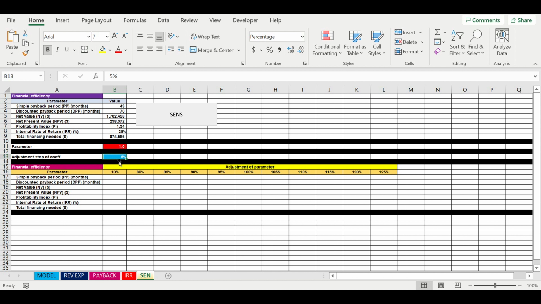For example, we can also adjust the step, so you can see how the step is changing here. We'll just take 5%. So now we just have to press the sense button to see what will happen with our financial efficiency parameters if we increase or decrease the monthly mileage of the truck. So let's see what it is.